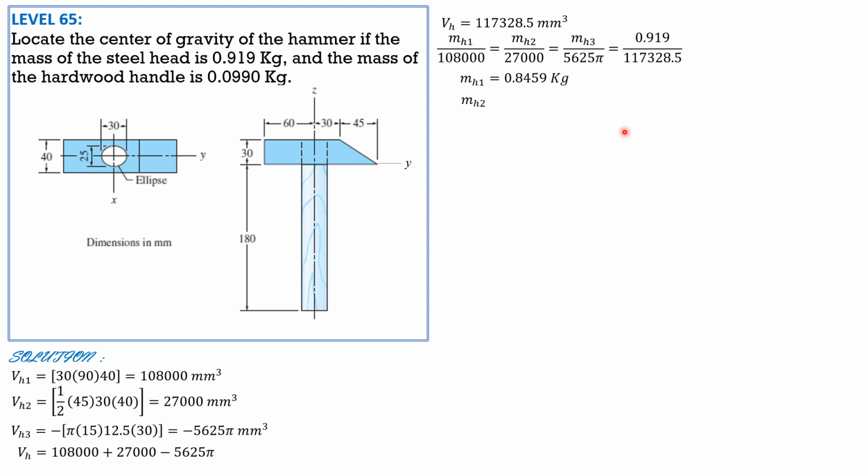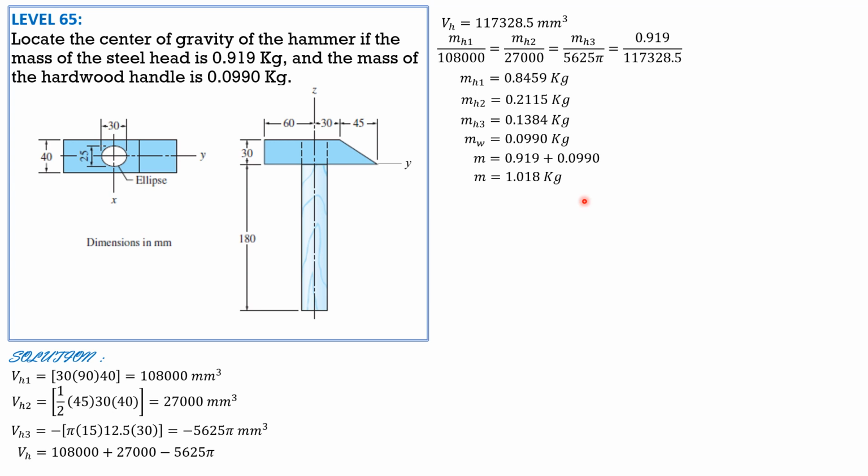Mass of hammerhead 2 is 0.2115 kilogram, and mass of hammerhead 3 is 0.1384 kilogram. Then the mass of the wooden handle is 0.099 kilogram. So the mass of the assembly is 0.919 plus 0.099, so it is 1.018 kilograms.